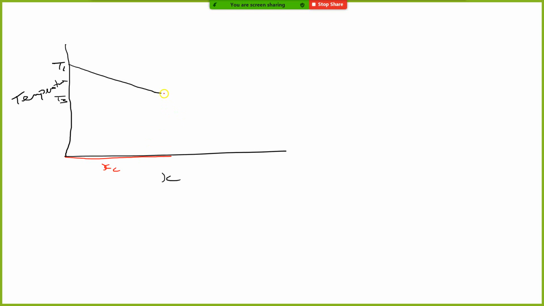Remember we said that this is T3, cool? Then the next temperature gradient, let me make that a bit different, because there has to be a distinct thing about it, that these are actual changes.